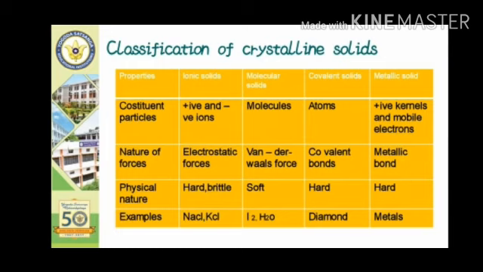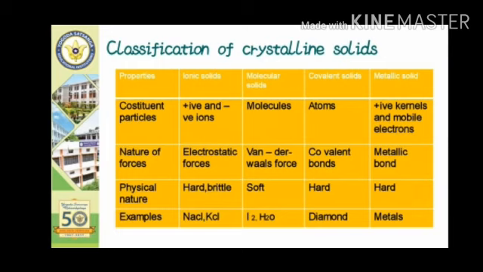Ionic crystals have positive and negative ions as constituent particles, which are bonded together by strong electrostatic forces of attraction. Now, molecular crystals. In molecular crystals, constituent particles are molecules which are bonded by van der Waals force.